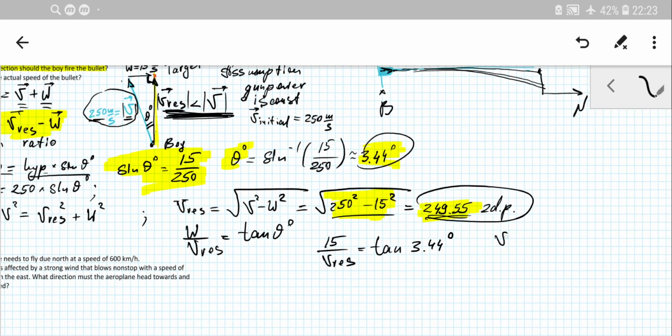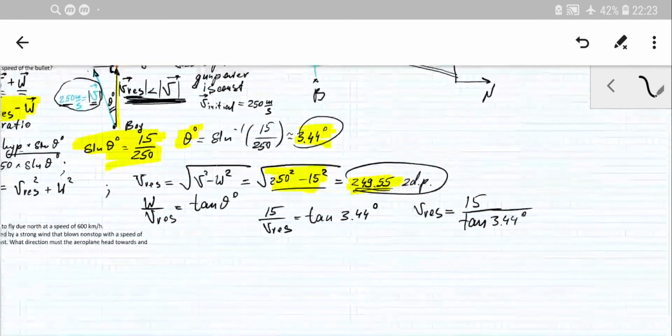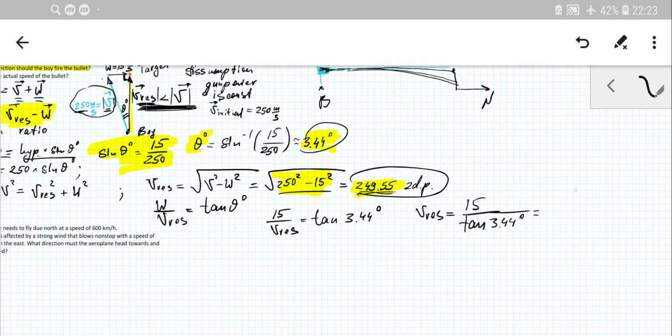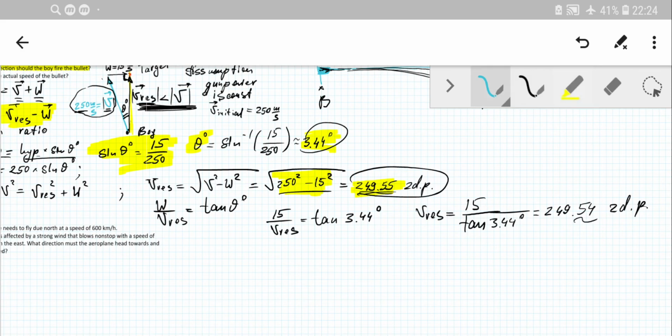So how to find V resultant? V resultant is going to be 15 over the tangent of 3.44. Let's calculate in this way and see what result we'll get. Using the calculator, I've got the value 249.54, to 2 decimal places. And you see the correctness: in 1 decimal place they correspond.